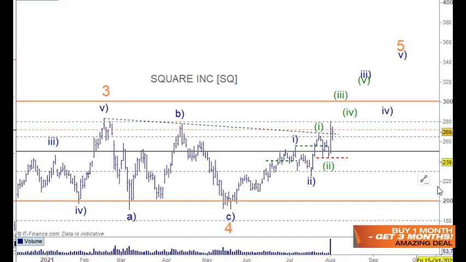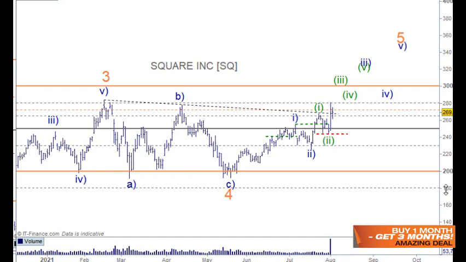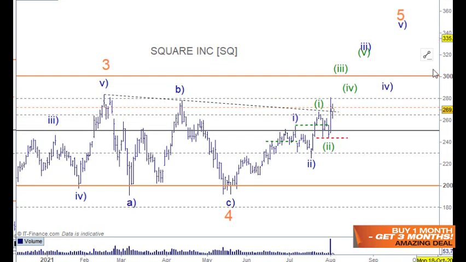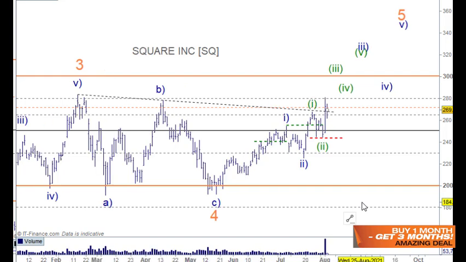And Square, so as I mentioned yesterday, Jack Dorsey bought an Australian company, Afterpay. So that sort of created a bit of volatility in the market. It's kind of interesting really, isn't it? Because that big bar there was the day that it was mentioned.